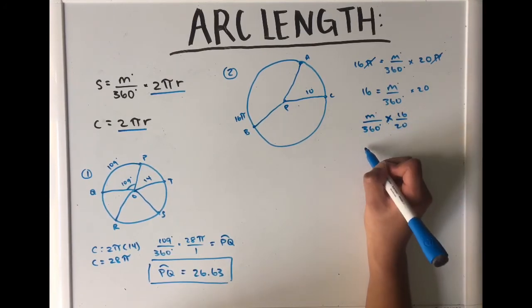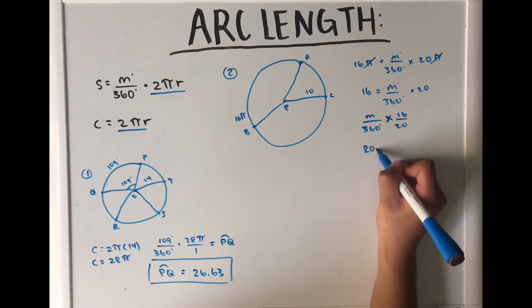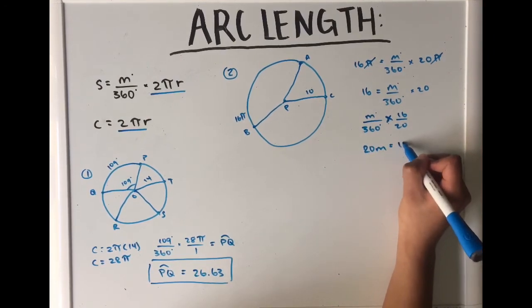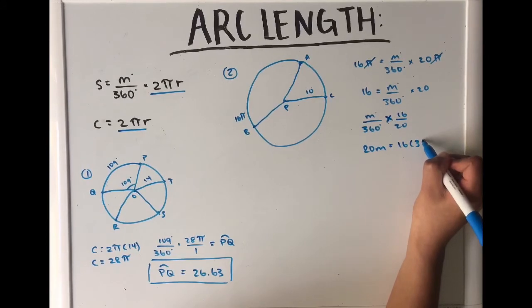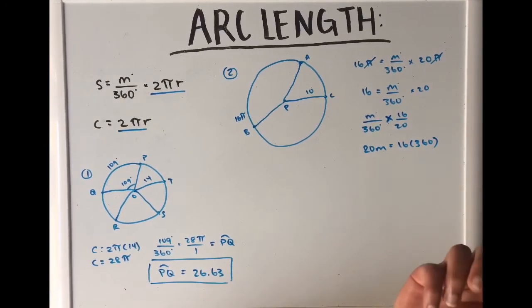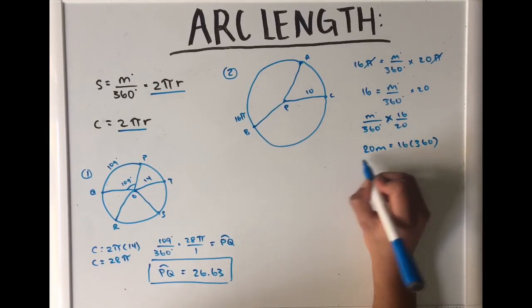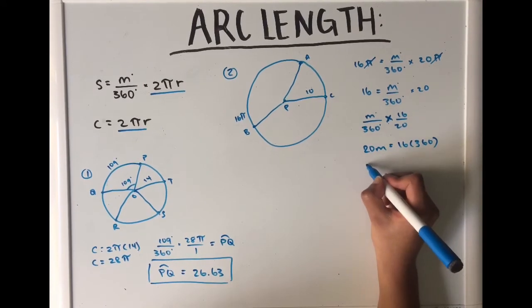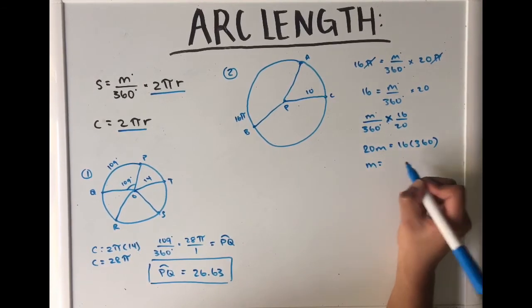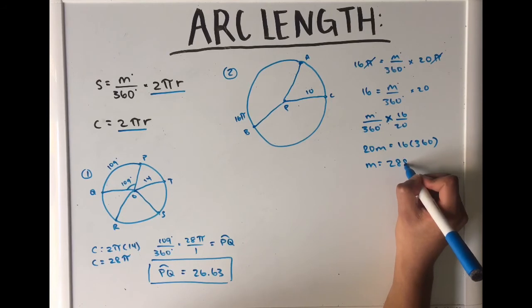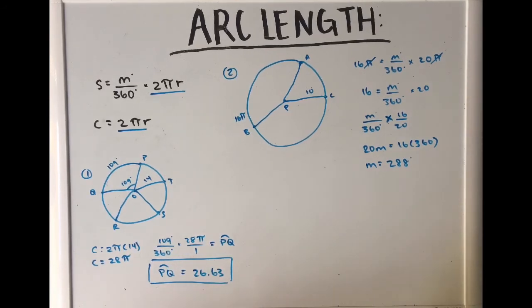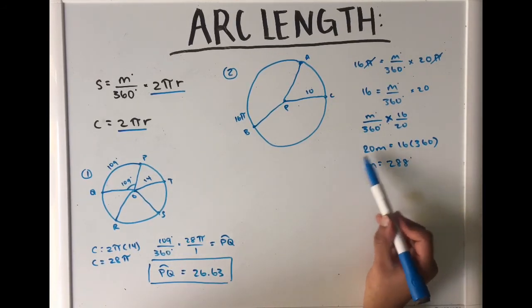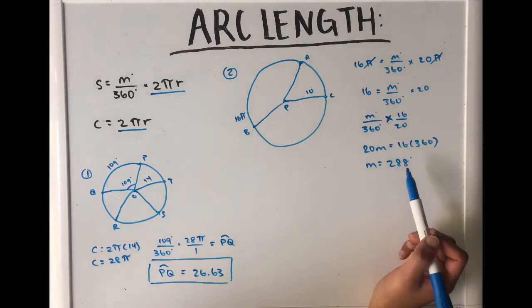We're going to have 20m being equal to 16 times 360 degrees. And when we simplify this and solve for m, we're going to get m being equal to 288 degrees.